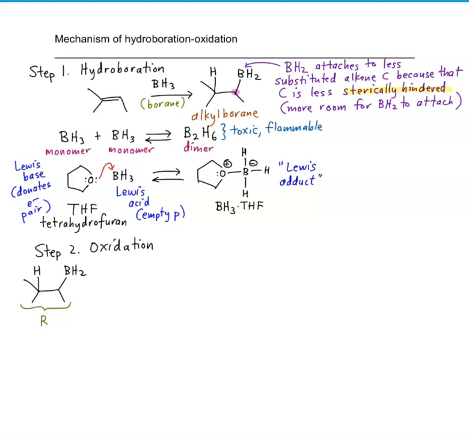It's going to get hydroborated 2 more times because we have 2 more BH bonds that can add across 2 new alkenes. So 2 more hydroborations can occur.